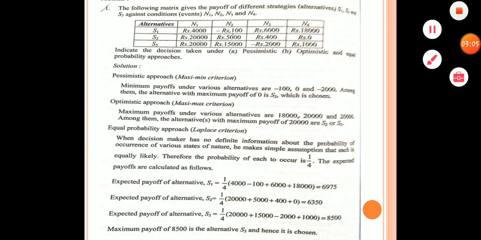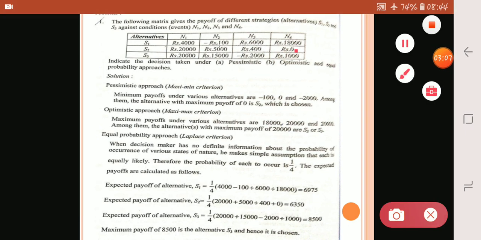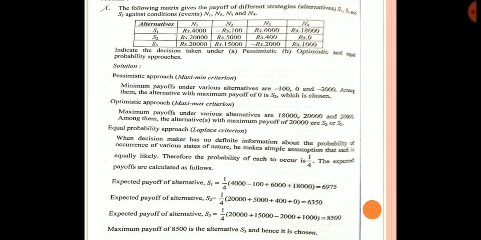You must have noted that this 0 is related with S2, so the alternative S2 will be chosen. This is how you find the pessimistic approach.